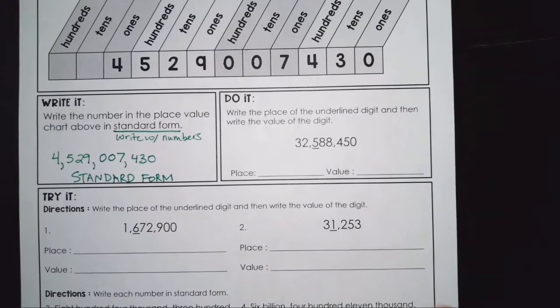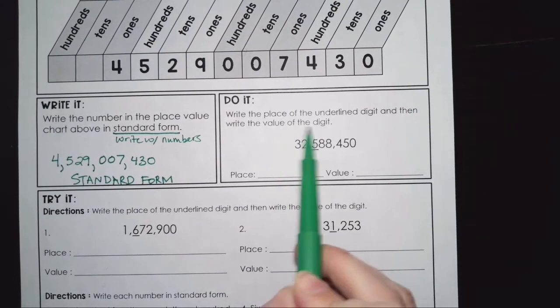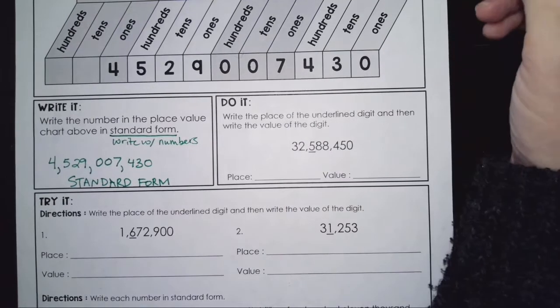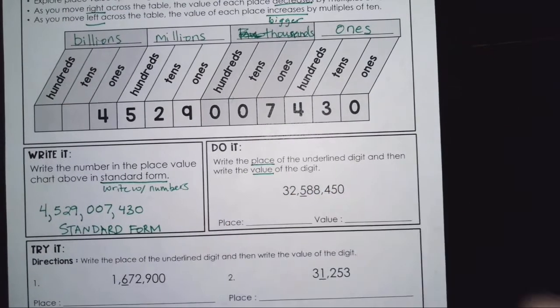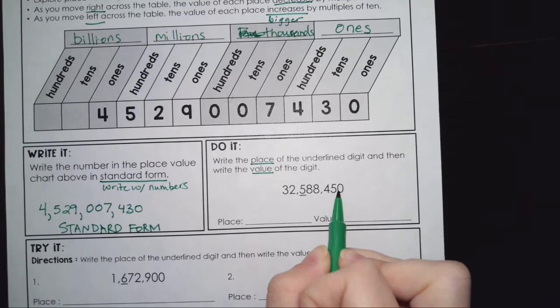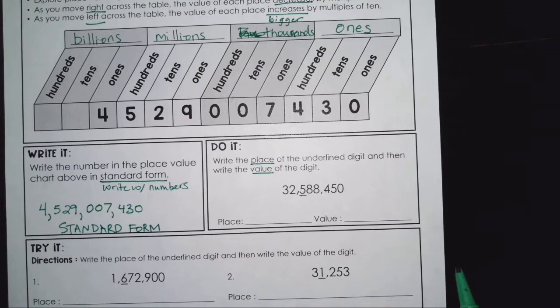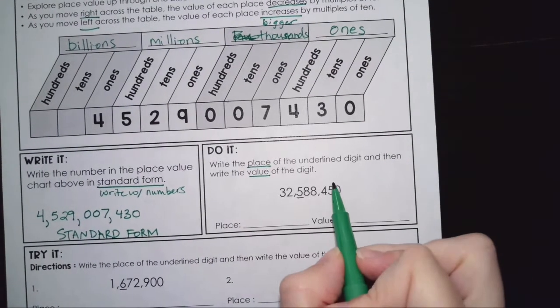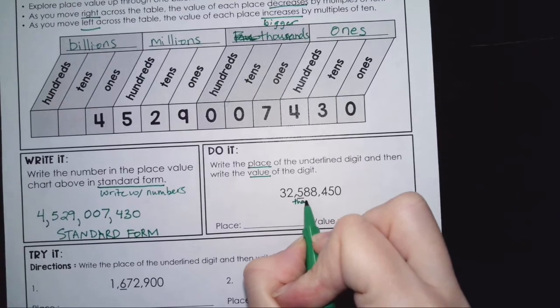Now, the next one says, write the place of the underlying digit and then write the value of the digit. Remember, place is where it's at, and value is how much it's worth in that place. So this is 1, 2, 3, 4, 5, 6 digits over. We know that it's in the second group of 3, so that's the thousands.